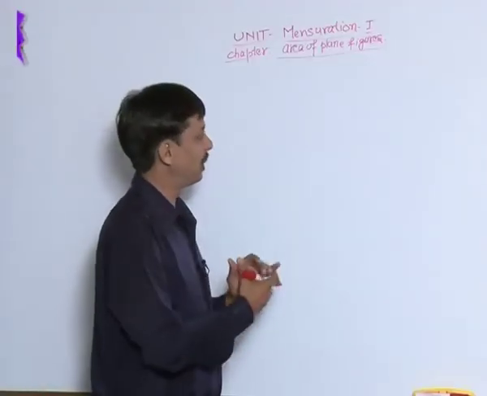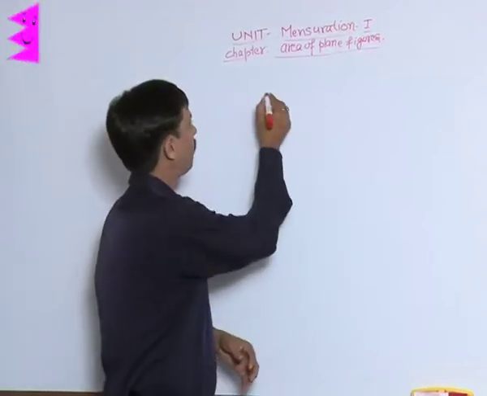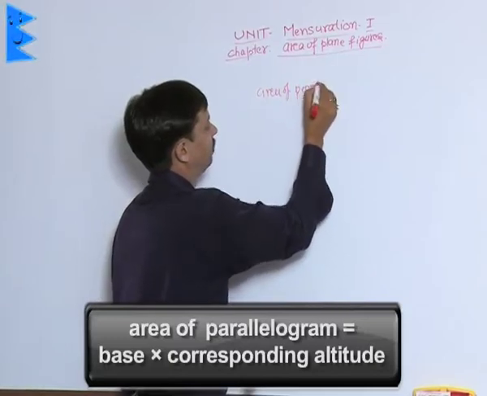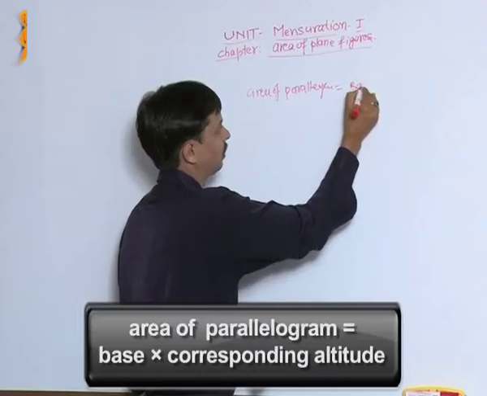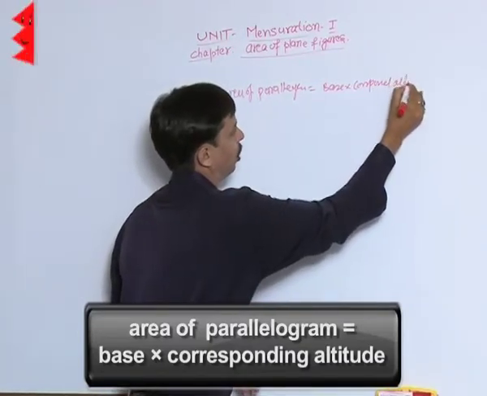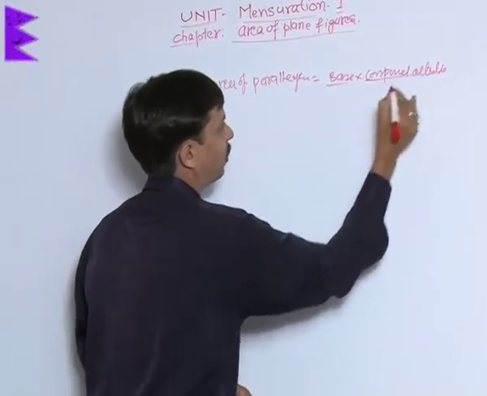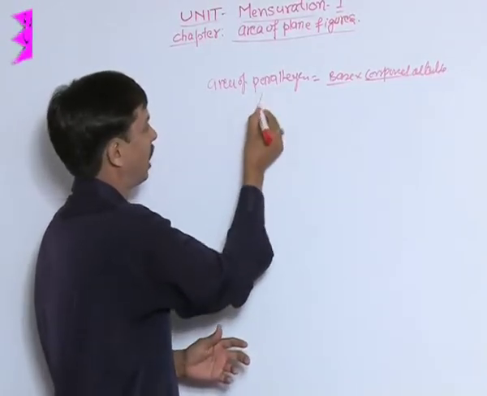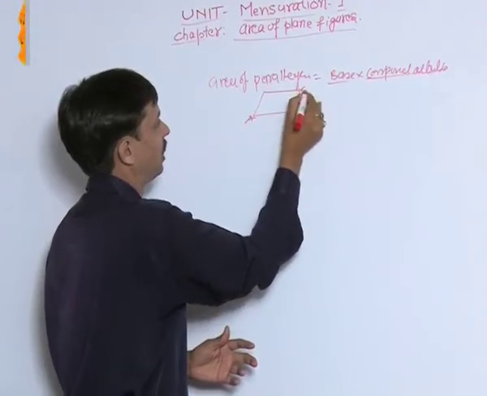Now I would like to explain how we find the area of a parallelogram. For finding the area of a parallelogram, the formula is base into corresponding altitude, or corresponding height. A parallelogram is a shape where both pairs of opposite sides are parallel.